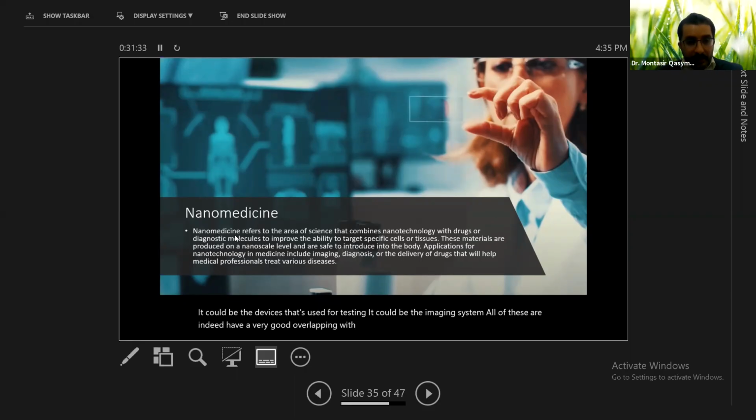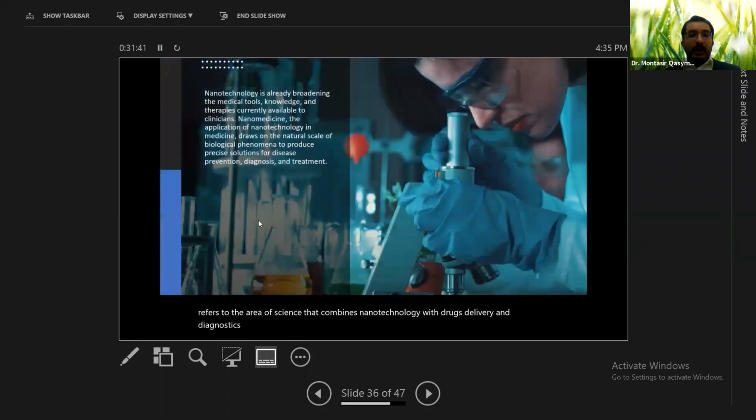So here they say nanomedicine refers to the area of science that combines nanotechnology with drug delivery and diagnostics as well. As we said, it could be used, for example, for cancer curing.